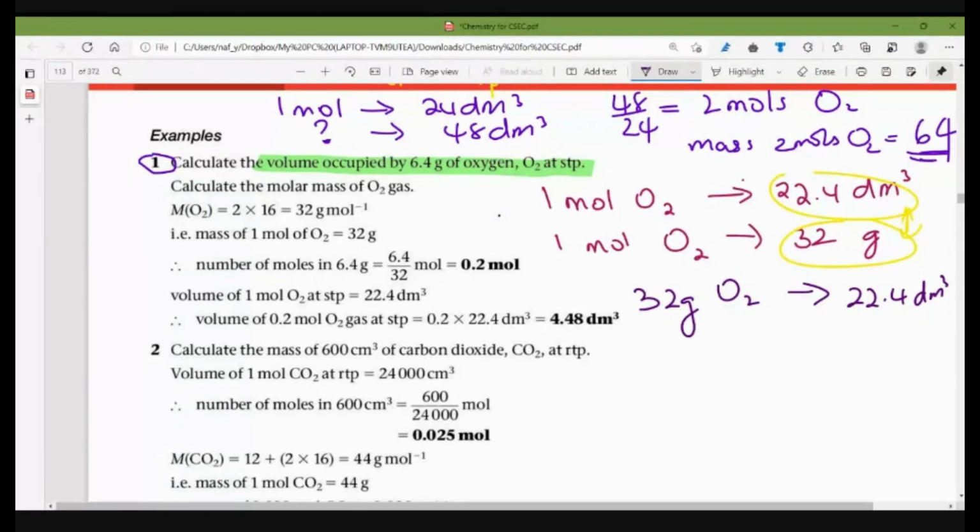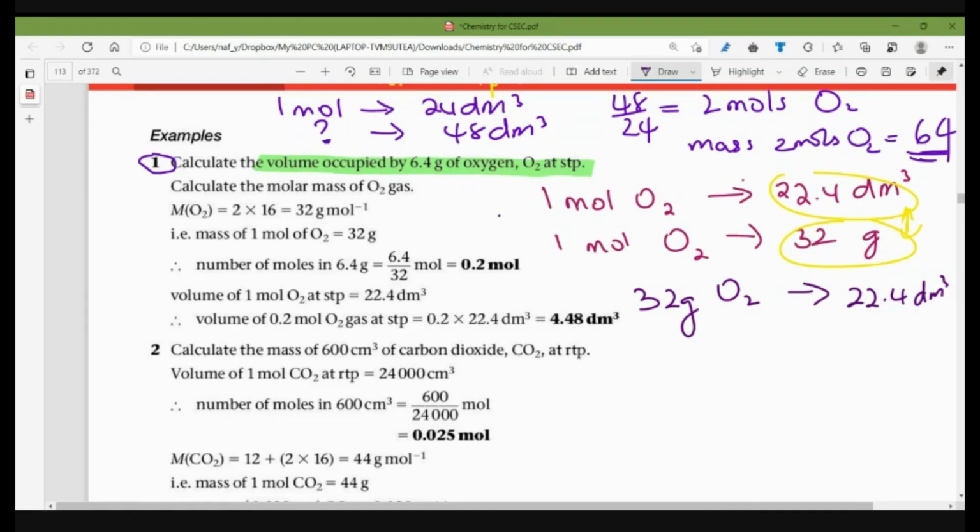And so I can form the relationship by saying 32 grams of oxygen, the 1 mole, occupies a volume of 22.4 dm cube. 1 mole of the gas, the molar volume. 32 grams of oxygen is equivalent to 1 mole, ladies.